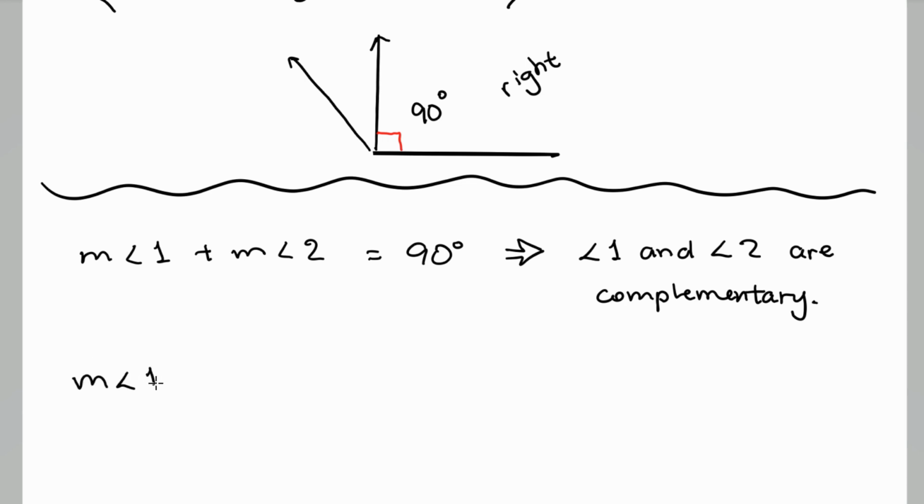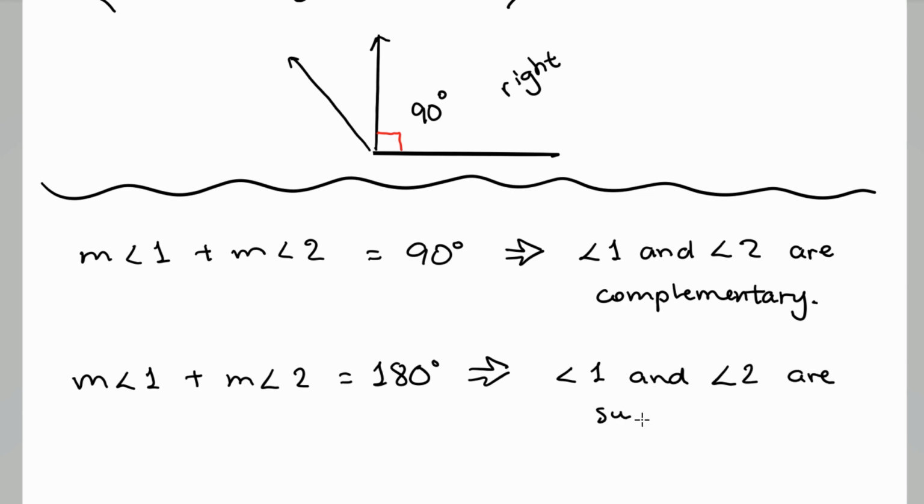Now, if I say that the measure of angle 1 plus the measure of angle 2 is 180 degrees, then that means that angles 1 and 2 are supplementary. So these are the key words for you. These will help you fill in the blanks, right? Complementary and supplementary. I don't know how in the world I missed this.